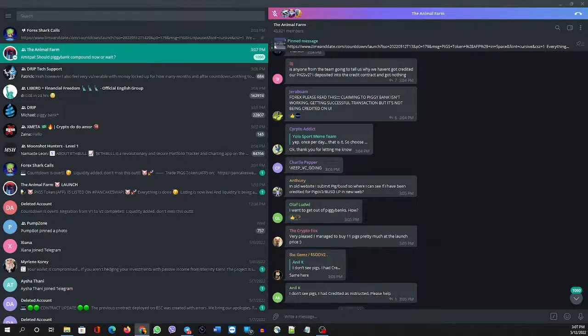MetaMask is estimating a gas limit that's too low, because of the congestion of the launch. So we're pushing an update right now which is increasing this, and that should really clear up any little issues that some people are having with transactions failing with the credit contract.